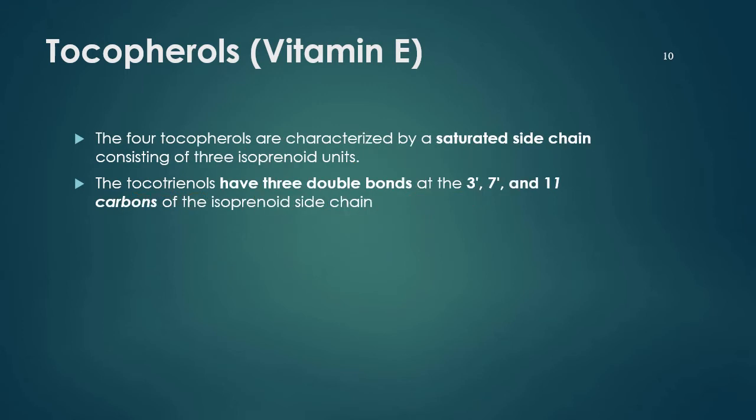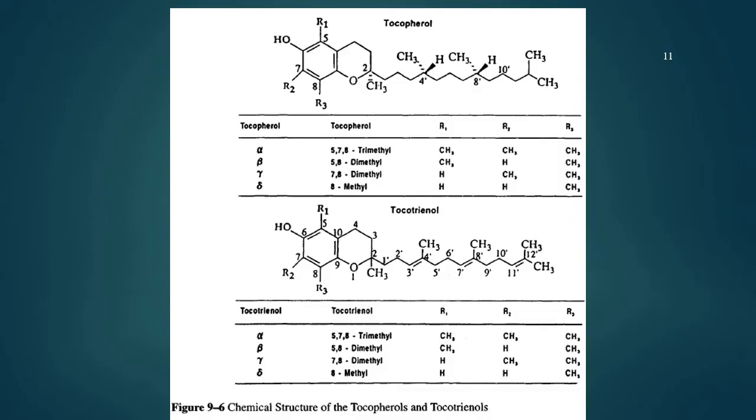The four tocopherols are characterized by a saturated side chain consisting of three isoprenoid units. And the tocotrienols have three double bonds at 3, 7, and 11 carbon on the isoprenoid side chain.